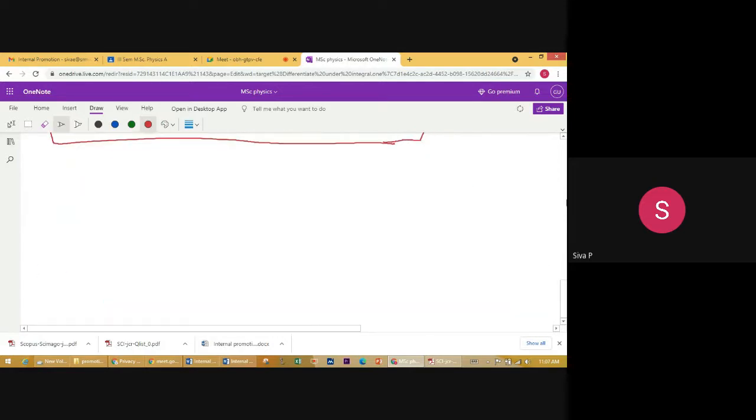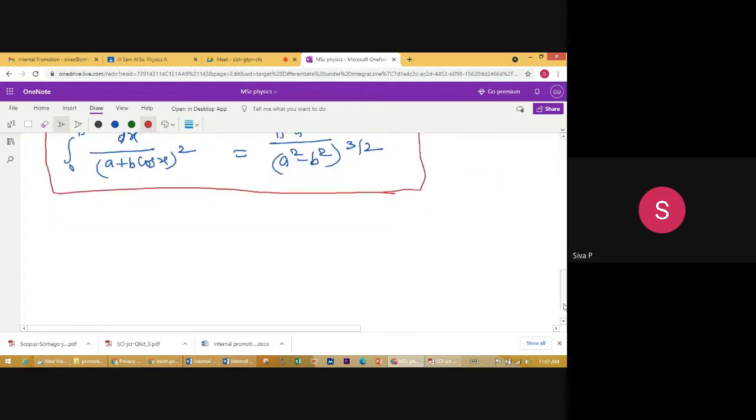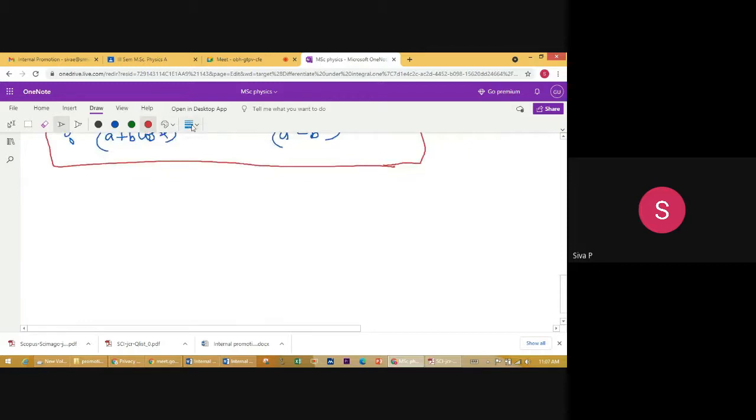So second case, case 2: differentiate partially equation 1 with respect to b on both sides.